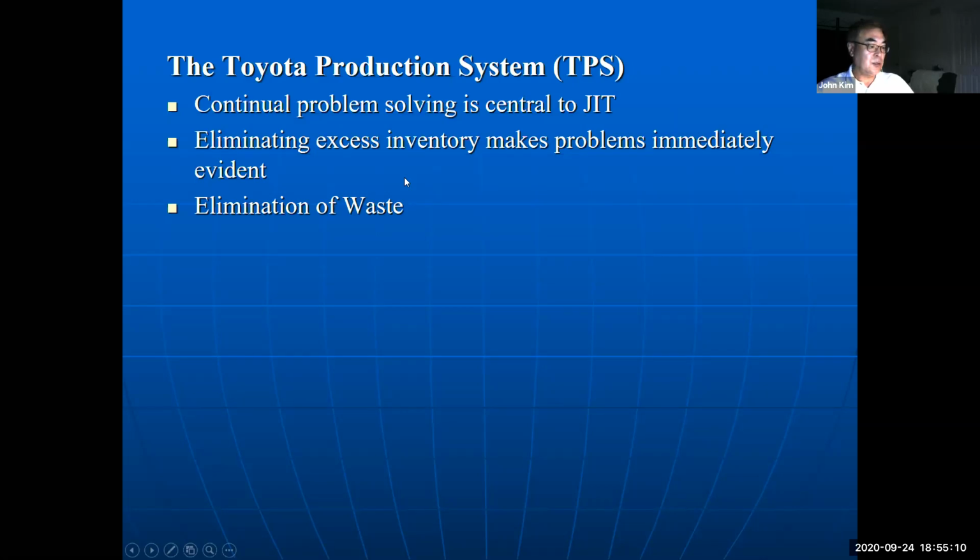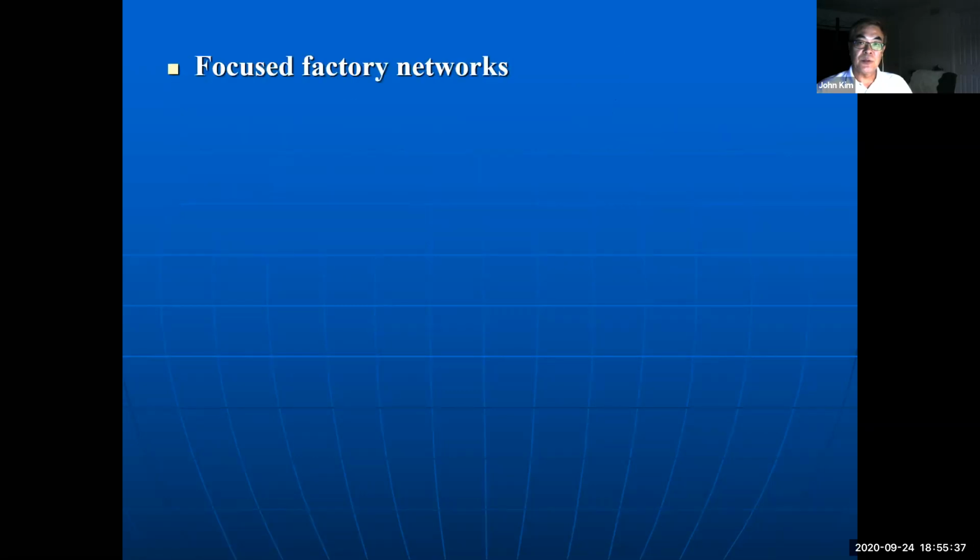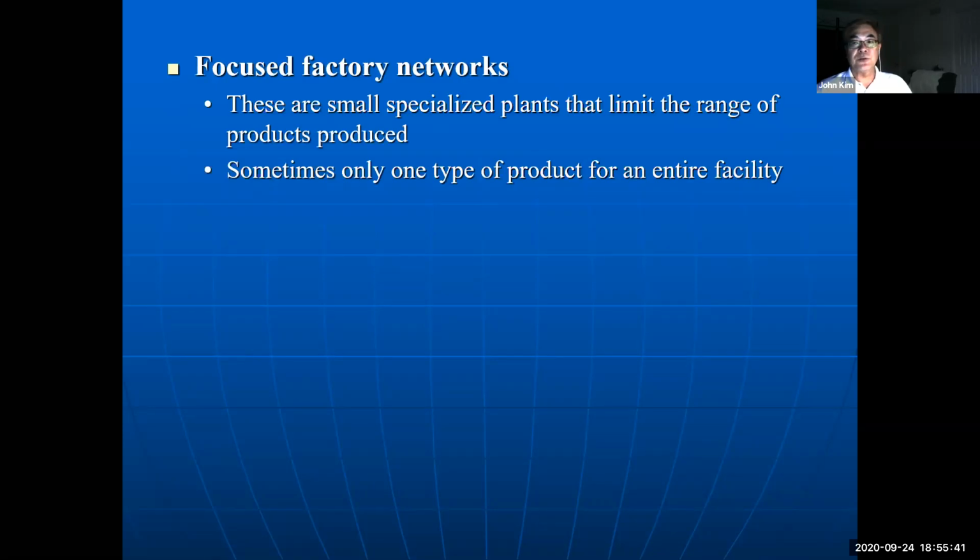In the Toyota system, they try to solve problems continuously using the JIT concept and eliminate excessive inventory and waste. First, Toyota is using a focused factory network.